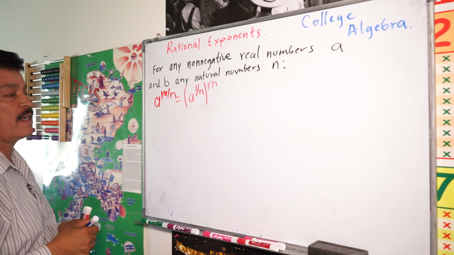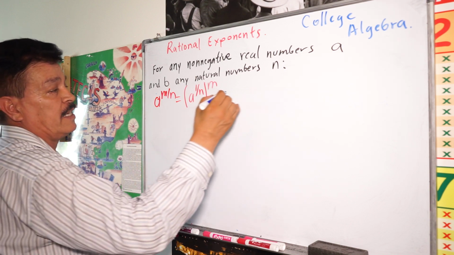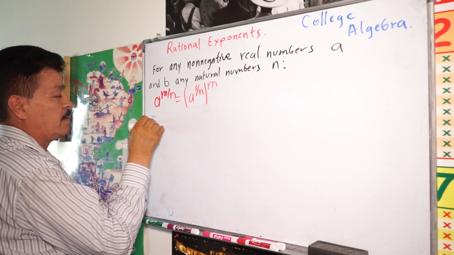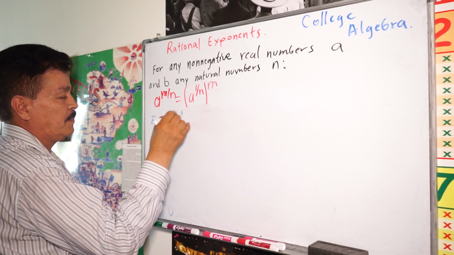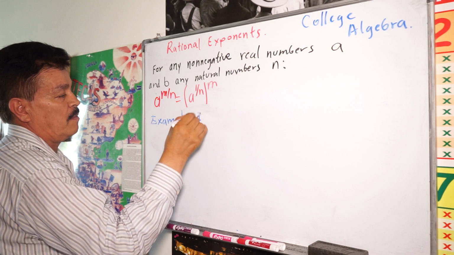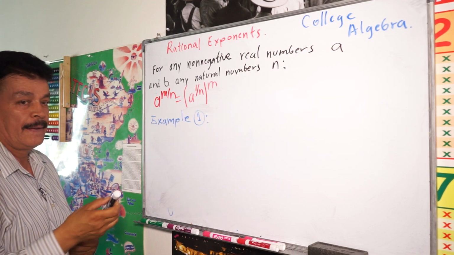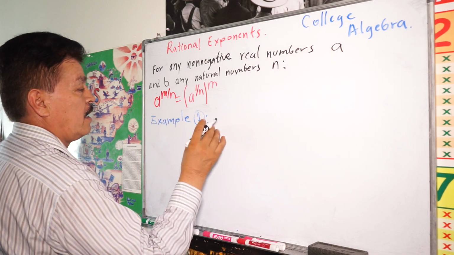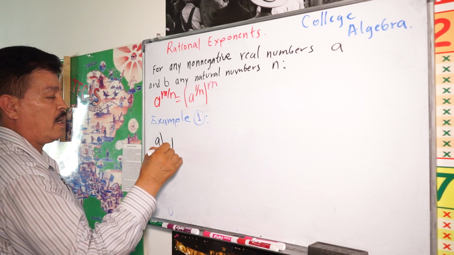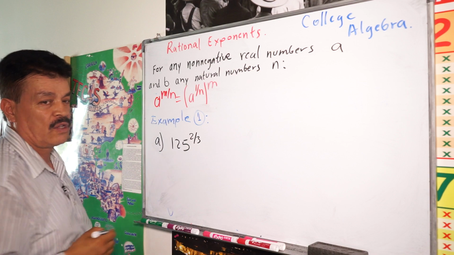So, example 1, number 1. Let's do this problem. We have 125 to the two-thirds power.